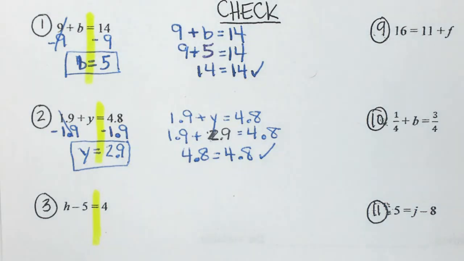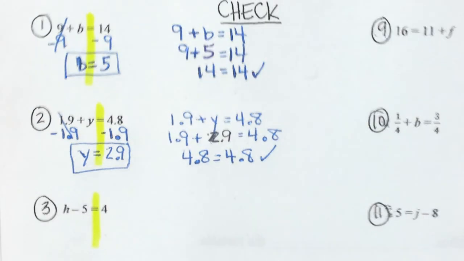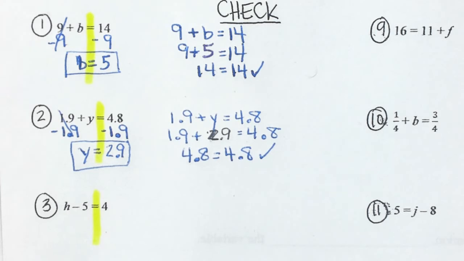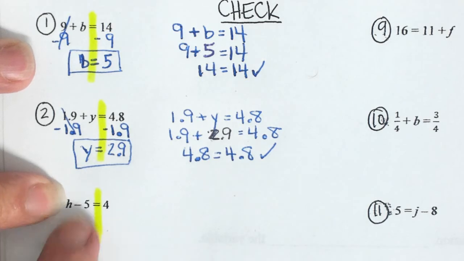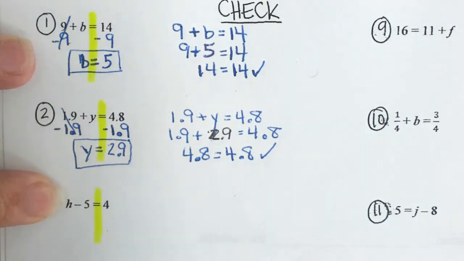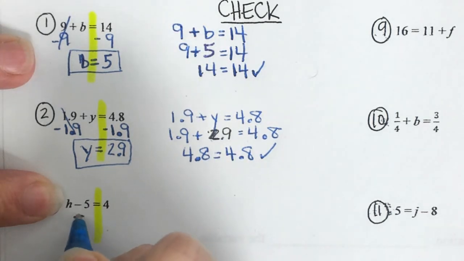So, erase and go back, okay? All it is, and it's happened more than just once, I promise. We get confused on what we should take away. So think about it this way. We're trying to get h by itself. We want to get rid of a minus 5. So the opposite is plus 5.